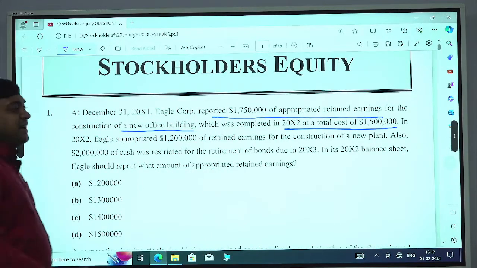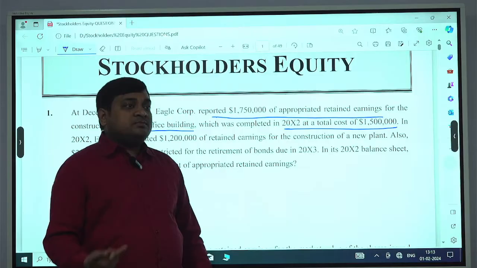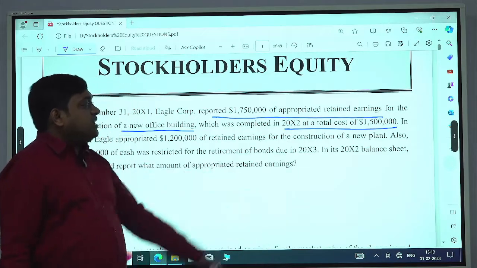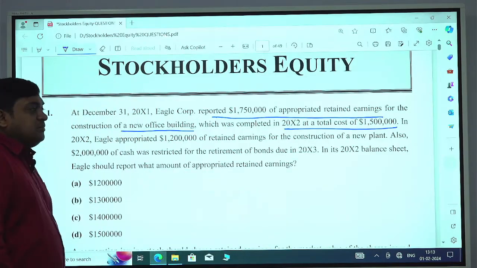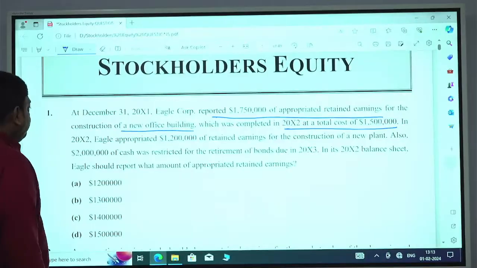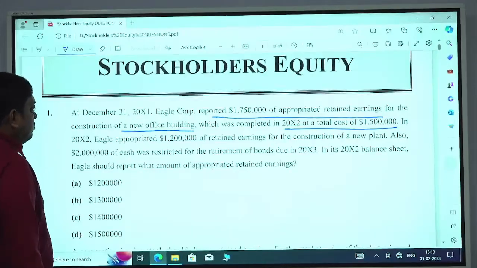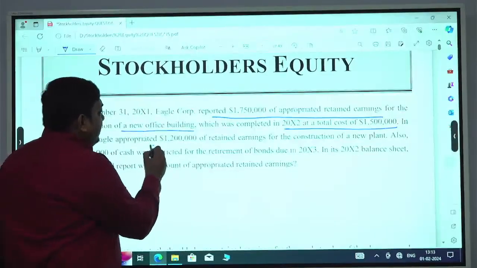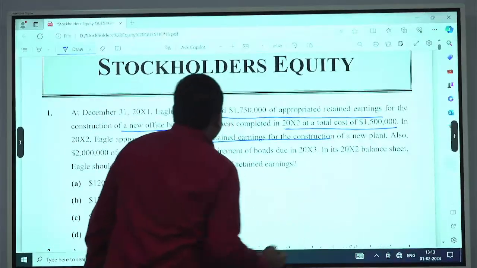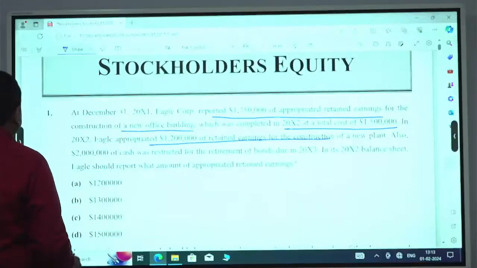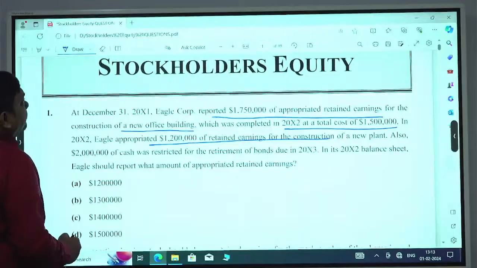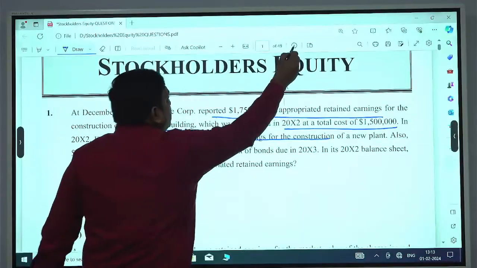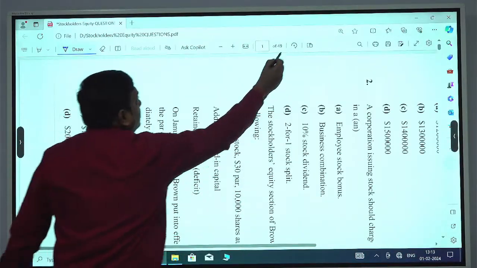In 20x2, I have again appropriated 12 lakh more.